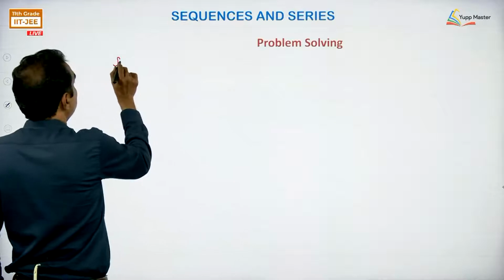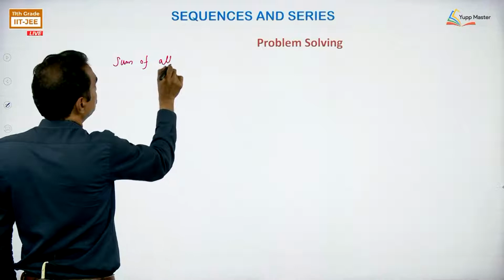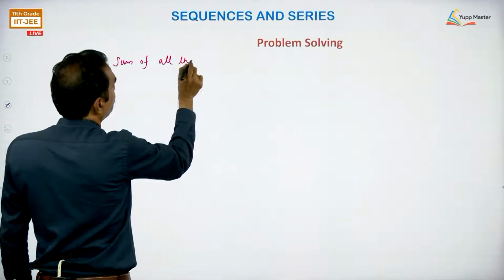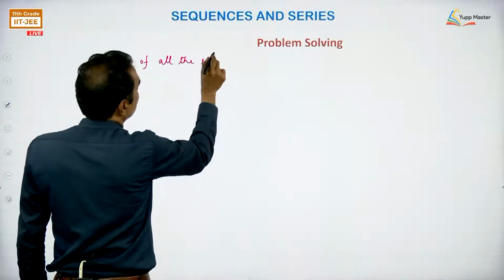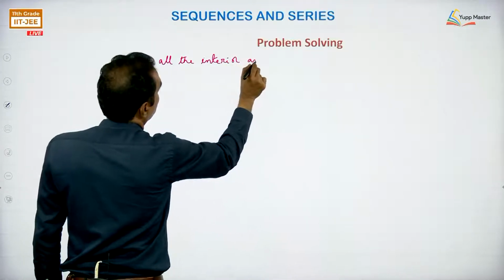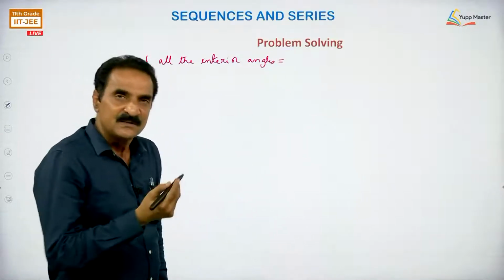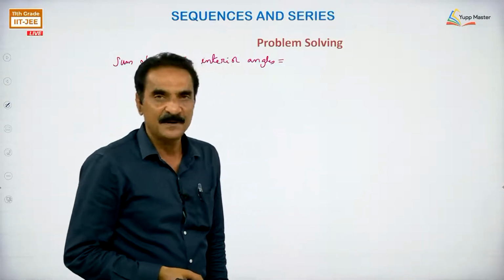Sum of all the interior angles is equal to the sum of the n terms of the AP.